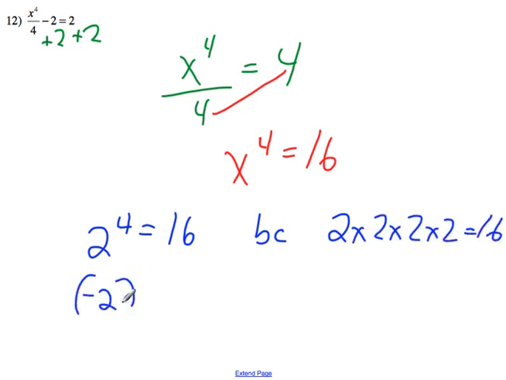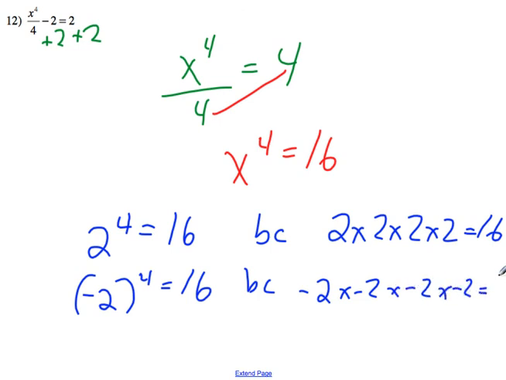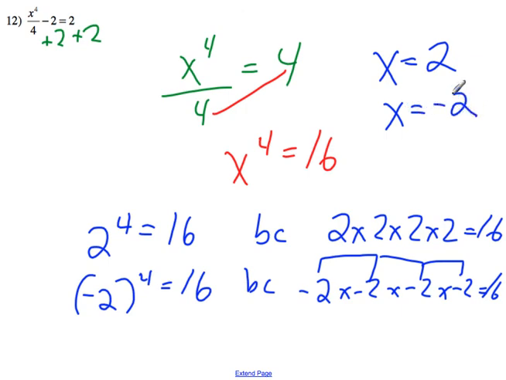But it could also be negative 2 to the 4 equals 16. Why? Because when you do negative 2 times negative 2 times negative 2 times negative 2, it's going to remain positive. Because this is going to be positive when you multiply that. Then that's going to be negative, but then that will turn it to positive again. So the answer here is x could equal 2 or x could equal negative 2.